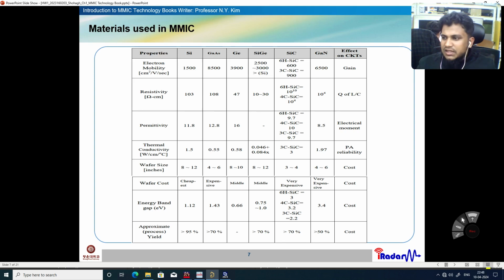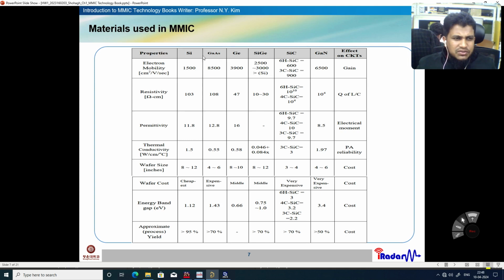The ideal substrate materials should have the following characteristics. These properties we mentioned here: electron mobility, resistivity, permittivity, thermal conductivity, wafer size, wafer cost, how much the cost of the substrate is, thin plate, that means wafer, and energy band gap also need to be mentioned.